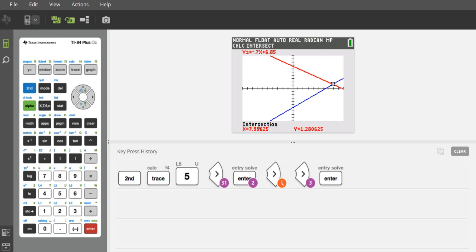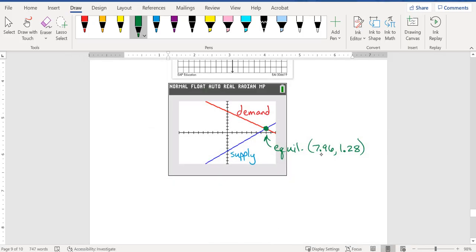It tells me my point of intersection is 7.956, comma 1.2806. Is that what I got? Yep, that's it. Okay, that is an application of doing systems of equations in 2 variables.